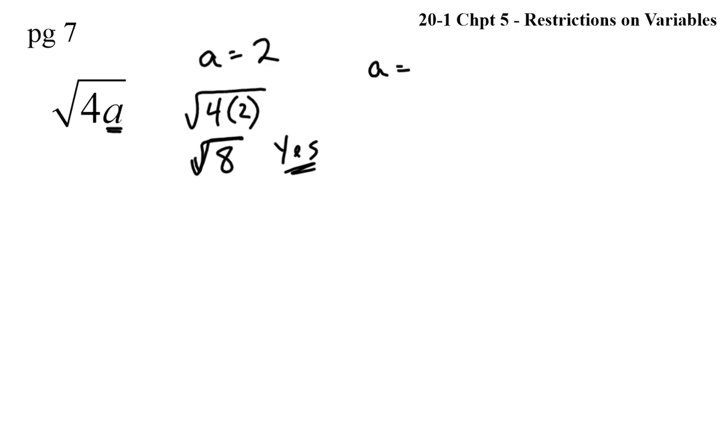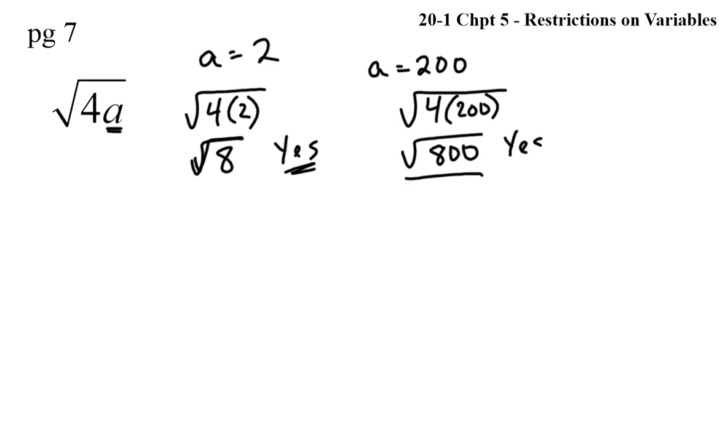What if a equaled 200? Well, 4 times 200 would be the square root of 800. Can we square root 800? Yes, absolutely. Again, not a perfect square, but it's still going to give us a value.